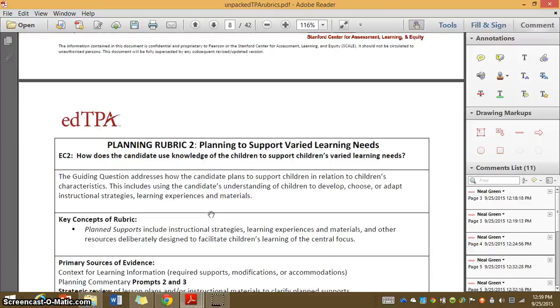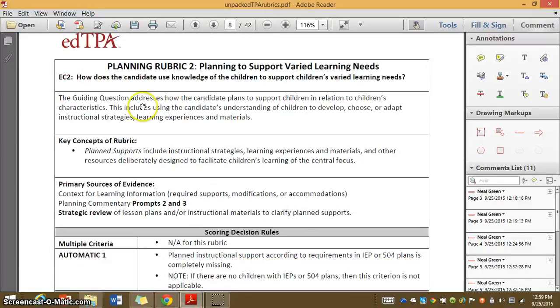And each one of these rubrics, as you can see, this is rubric 2. Each one of these little videos that I'm going to do, I'm mostly going to spend my time on introducing the rubric and the primary sources of evidence and how to score a 3. That's what I want to focus on because of time. If we had all the time in the world, I would go through the whole thing.